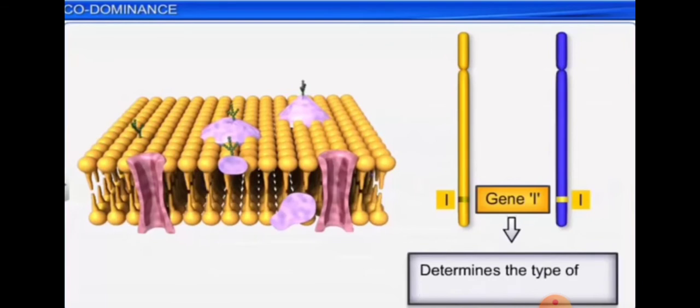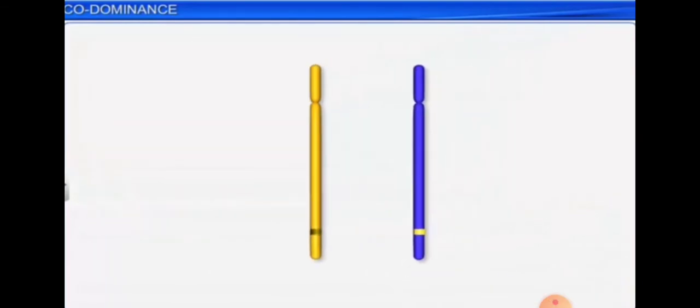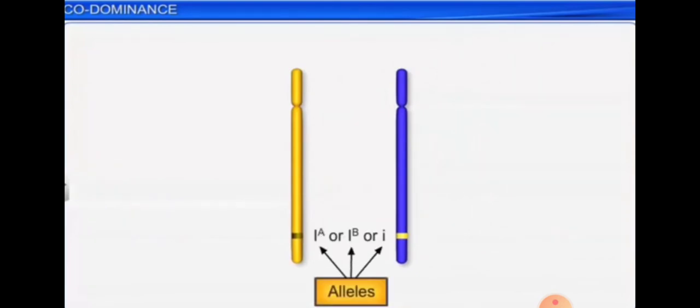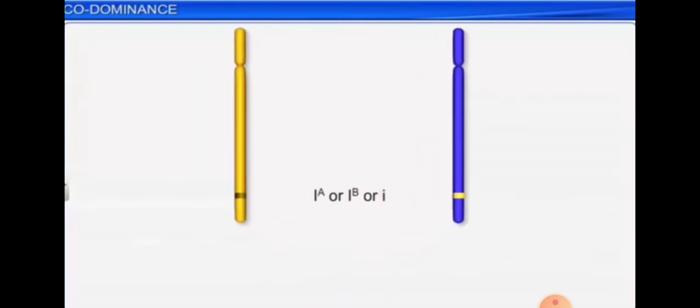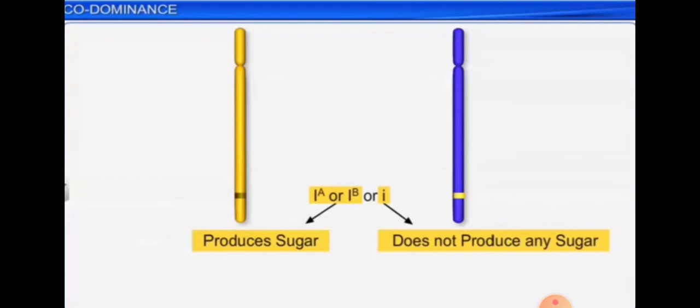So it is a gene I that is responsible for determining the type of sugar produced by the RBCs. This gene has three different alleles, namely capital IA, capital IB, and small i. Of these, capital IA and IB produce sugars that are slightly different from each other, while the allele small i doesn't produce any sugar.